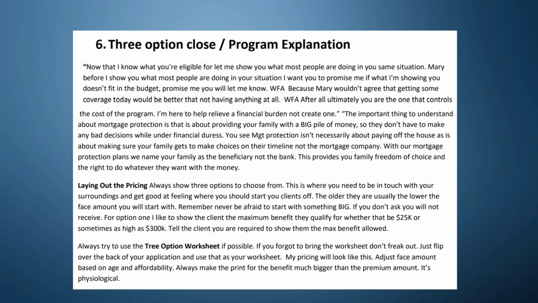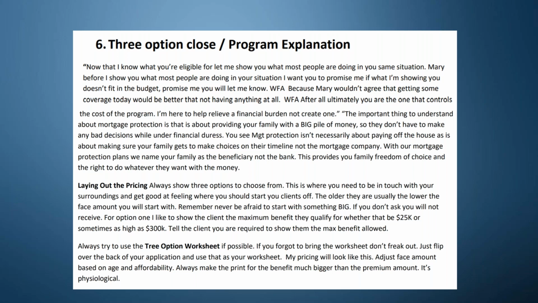Because Jimmy and Ruby, wouldn't you agree that at least getting some coverage in place today is better than not getting anything at all? I'm going to get them to buy into that. And then I'm just going to make the comment, at the end of the day, guys, ultimately, you're the one that controls the cost of the program. I'm just here to help you, and I want to help relieve a financial burden. I don't want to create one.